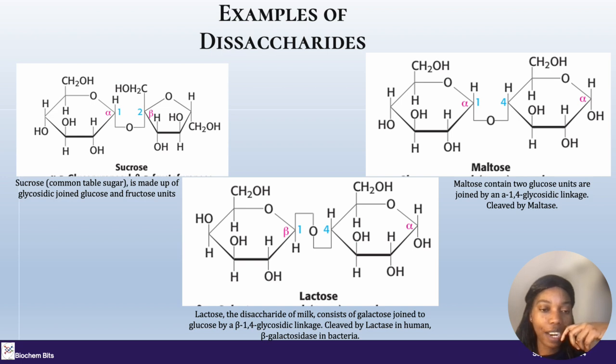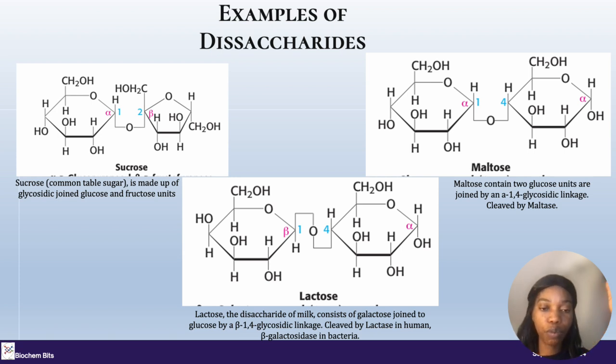For lactose we have beta 1 4 glycosidic linkage. In this case, the first one is galactose. Lactose contains galactose and glucose. If you look at the structure of galactose, the OH is on the fourth carbon atom, but in glucose the OH is positioned differently. So for this linkage to work, there is a need for a switch in the position, and this can only be acted upon in humans by lactase.